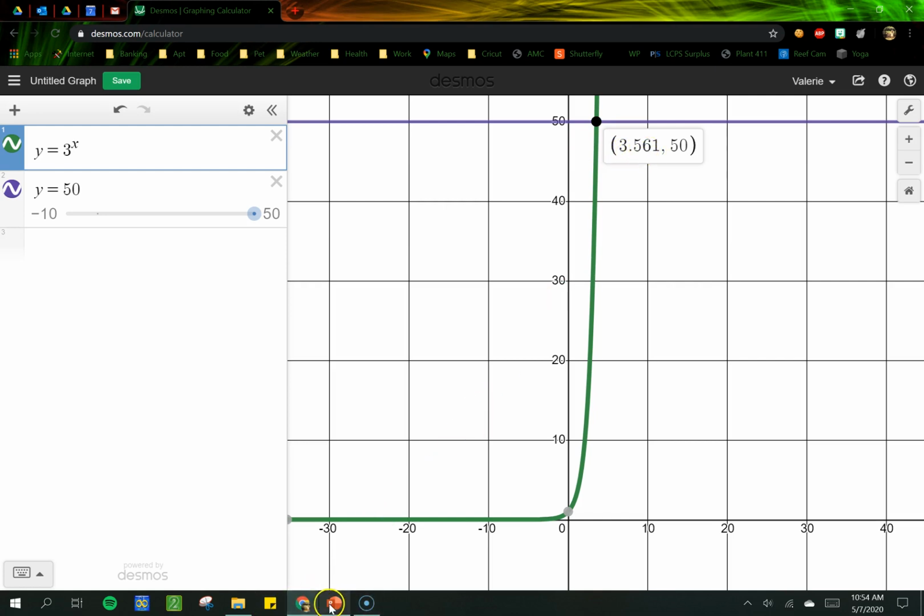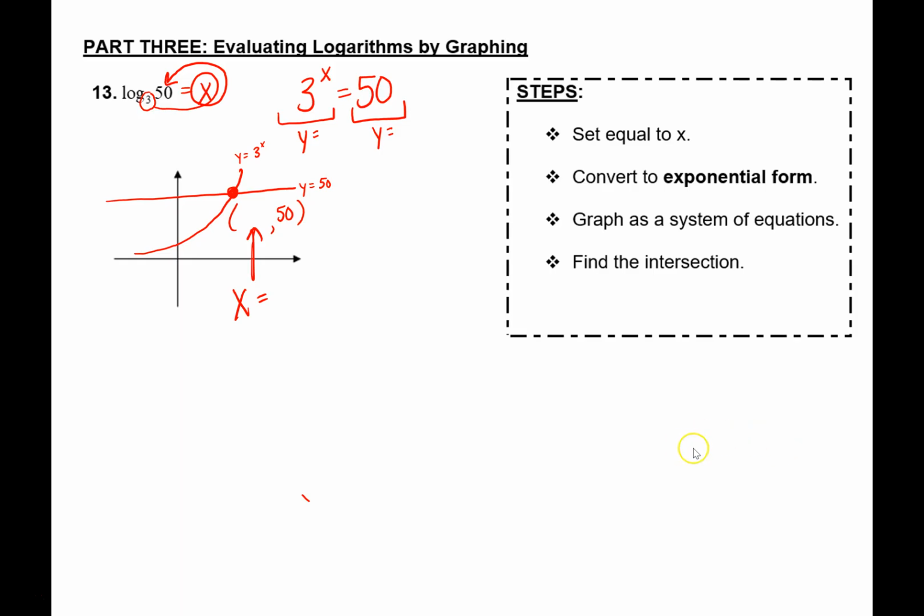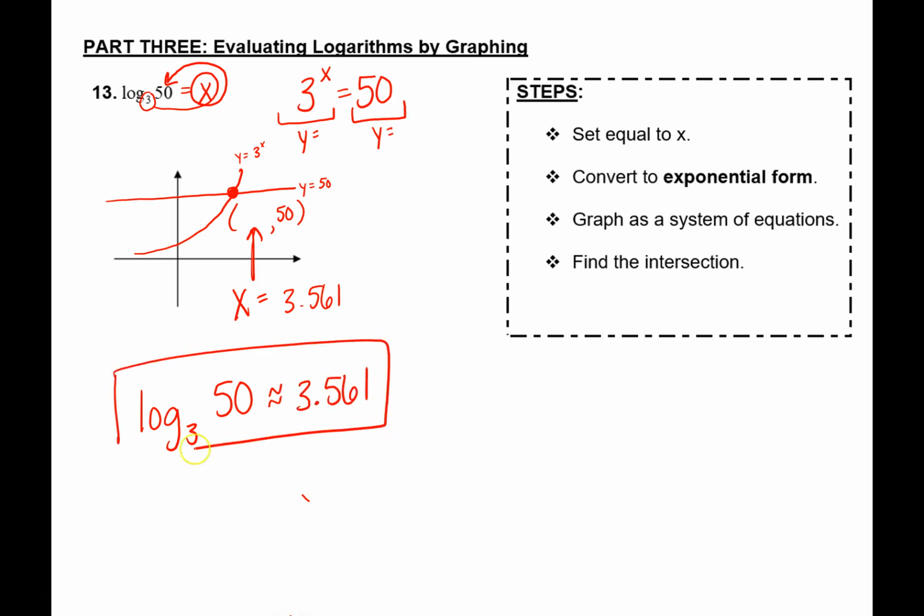That means this logarithm is equal to that value, approximately. So because the x value here is 3.561, log base 3 of 50, my problem, I could evaluate using a system of equations to get that approximation.